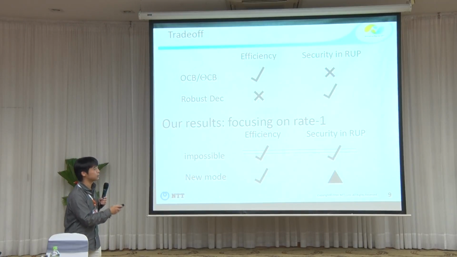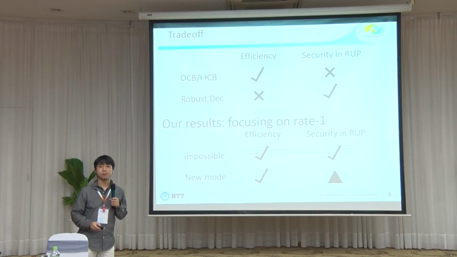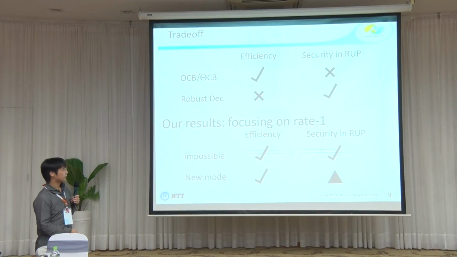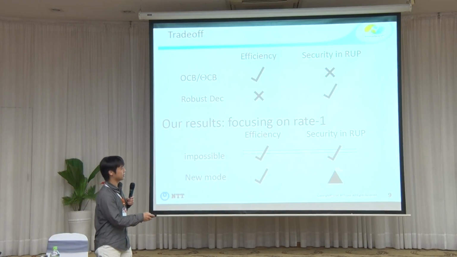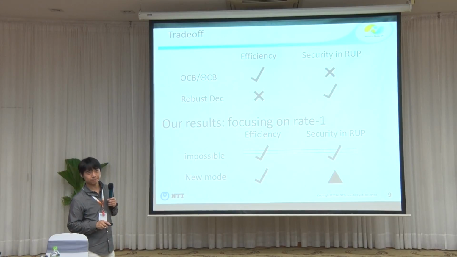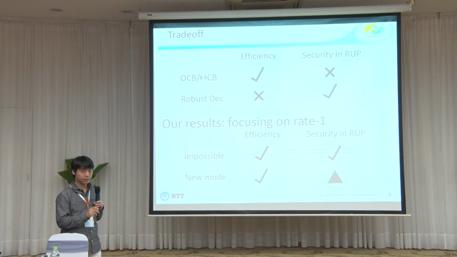First we show that with rate 1, achieving maximum security in RUP is impossible. So this is an impossibility result. And then another is a new construction, which is rate 1. The black triangle means a middle level of security is obtained. I'd like to show how to construct this scheme.